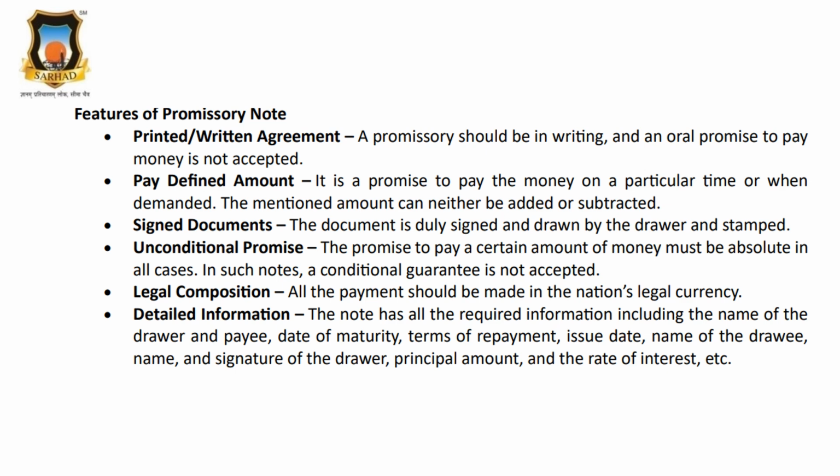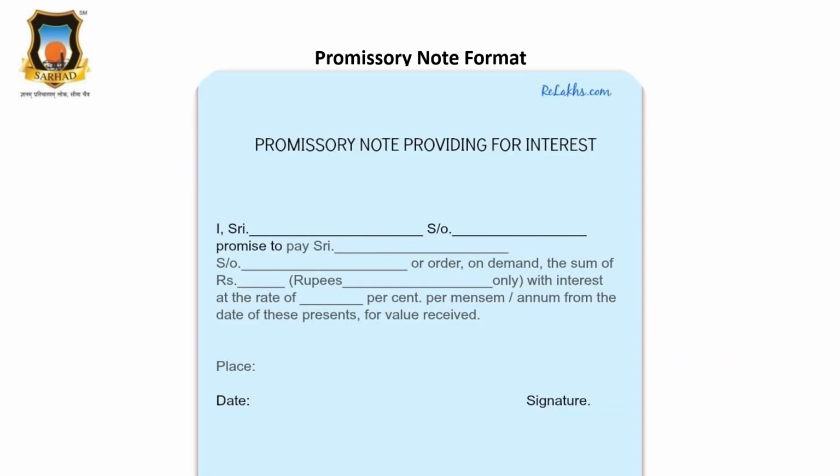It's very simple. Just understand with the help of a specimen or the promissory note format. Okay. Here is the sample of the promissory note. I, meaning the drawer, Shri or Mr., promise to pay Shri or Mr., meaning here I is the drawer, and to pay means the drawee. The address must be mentioned there, or order on demand the sum of rupees.